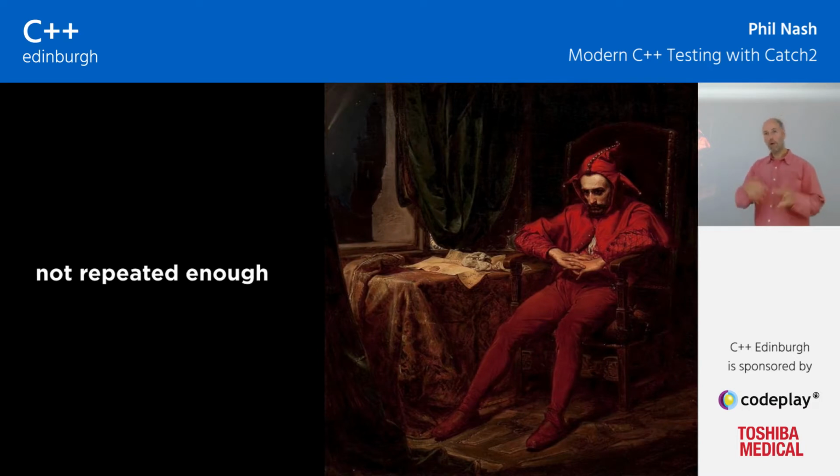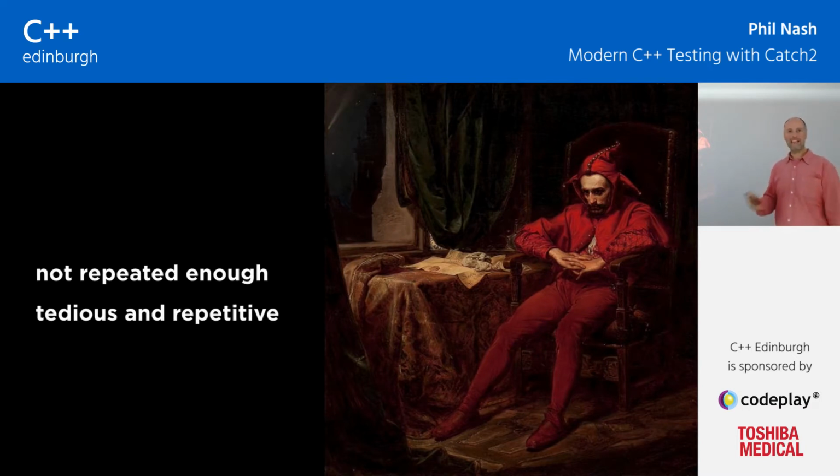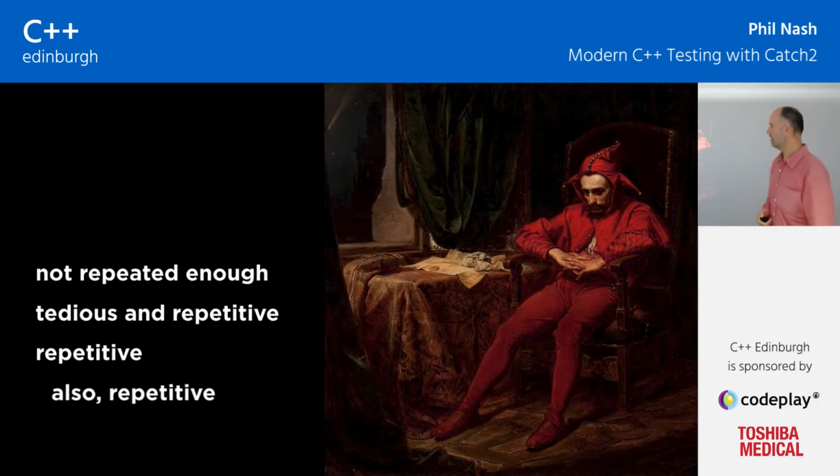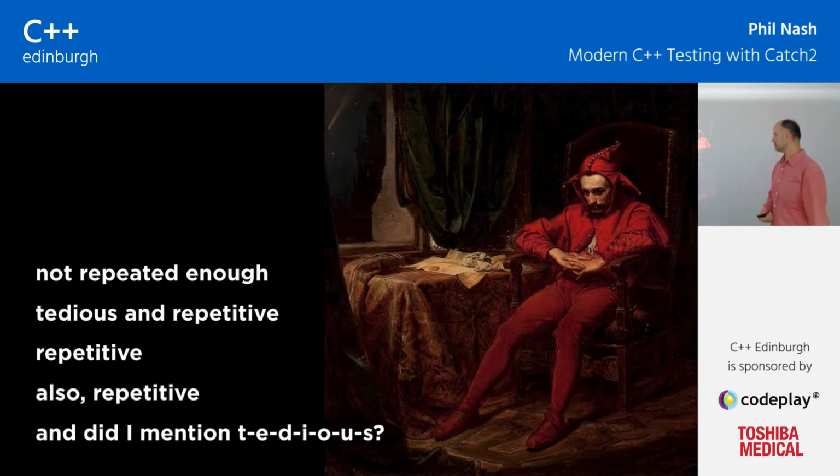We don't go back and run all the same tests again and again, because it is tedious and repetitive, and this is where this idea of work comes in. We just don't have the discipline or the time, let's be fair, to do that sort of manual testing again and again every time we make a change.